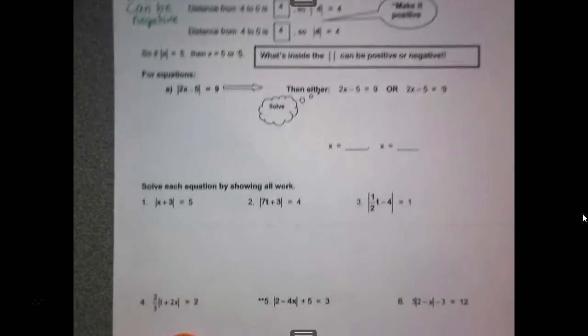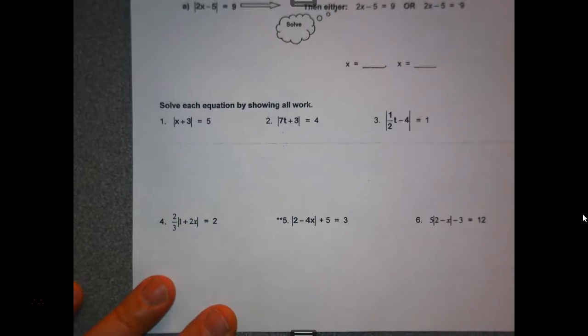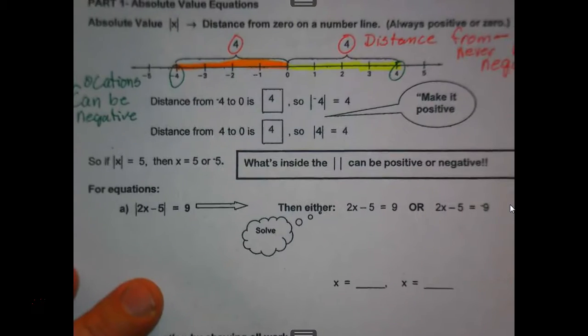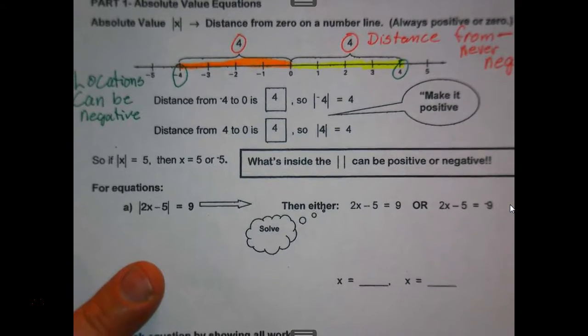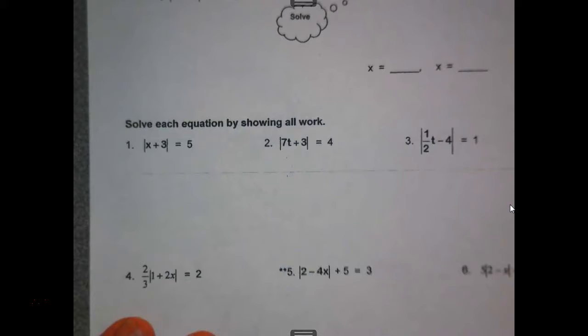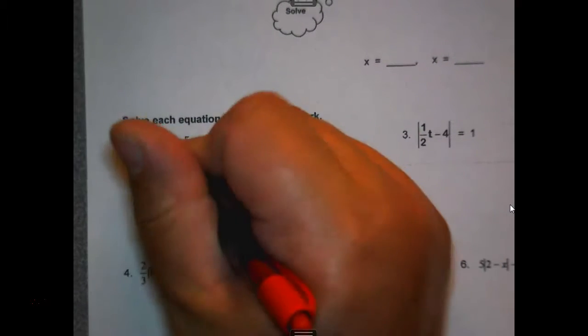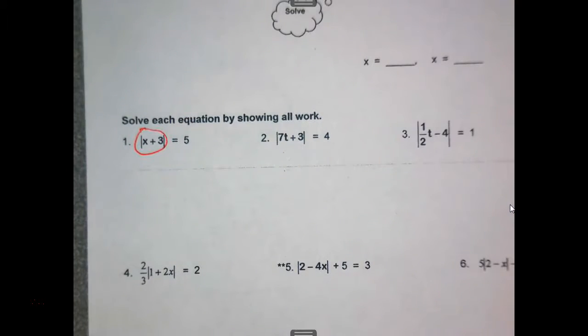Let's do some example problems. Let's look at number 1. When we solve absolute value problems, we have to consider both cases here, going right and then going left. Make sure that your absolute value term is by itself first.